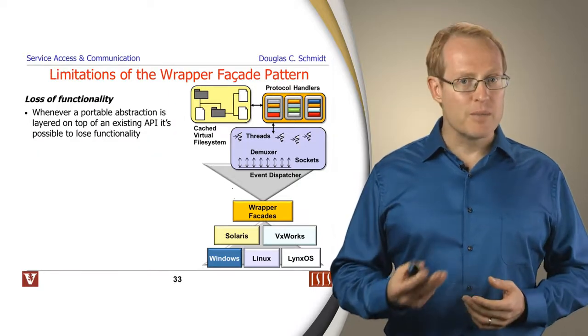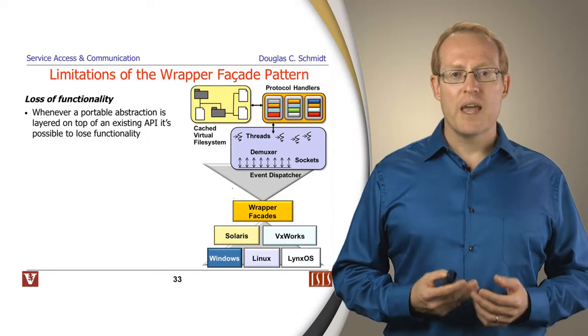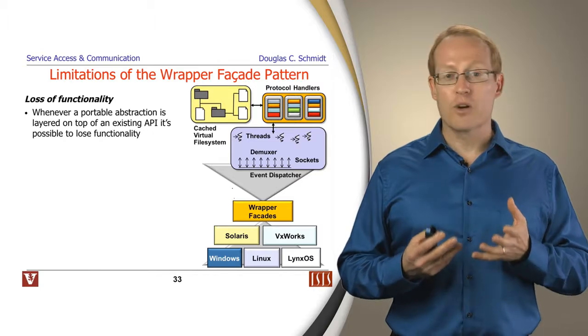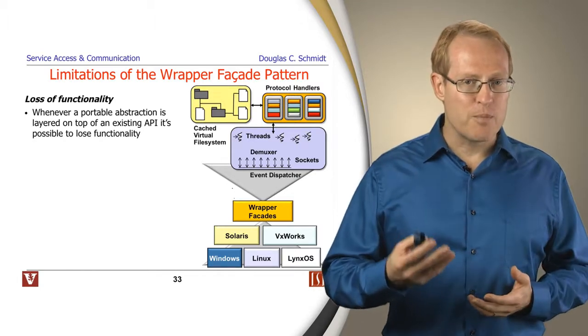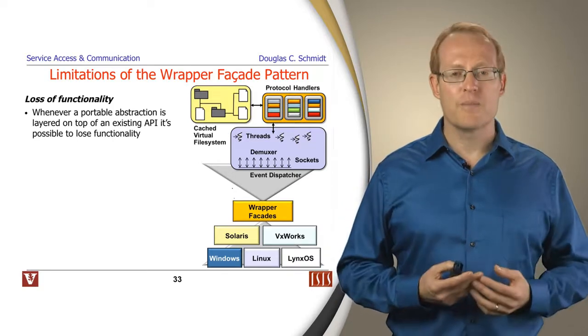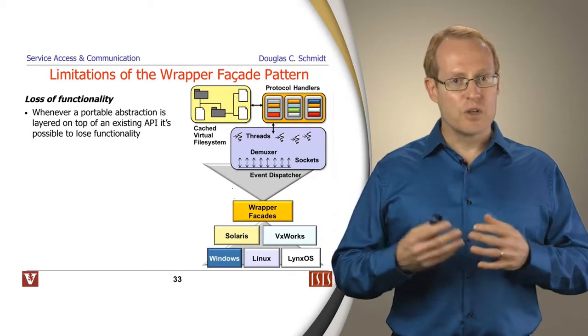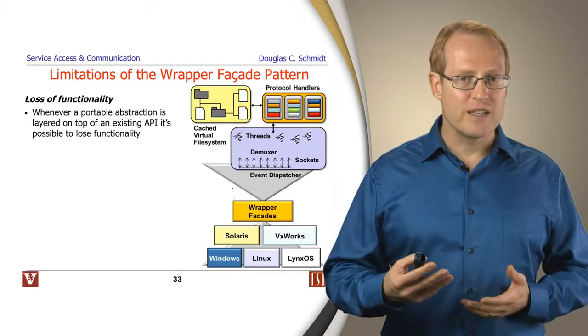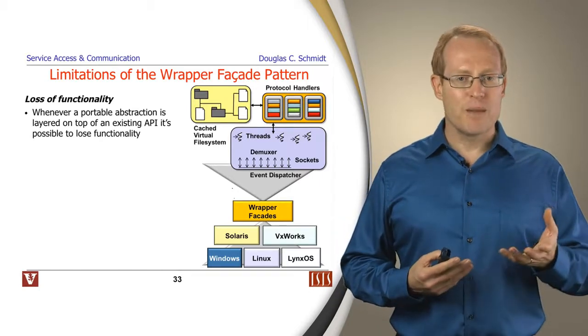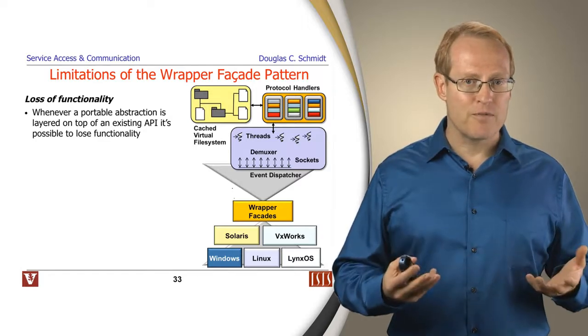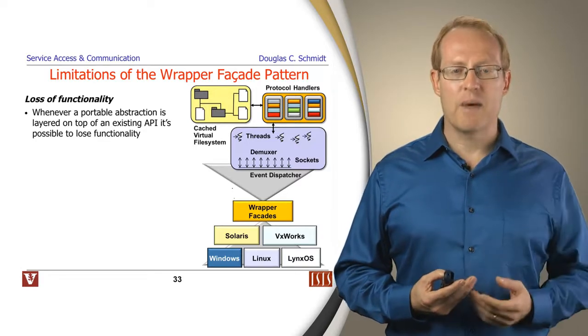There are, of course, some limitations with the wrapper facade approach. Anytime you try to provide a portability veneer, something that abstracts away from the particulars of any particular platform or any particular operating system, you have to be careful that you don't reduce the capability and functionality by omitting certain things that aren't available everywhere. For example, there are certain capabilities that you have on some platforms with respect to certain locking mechanisms.